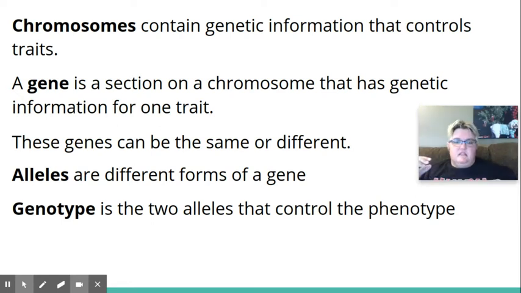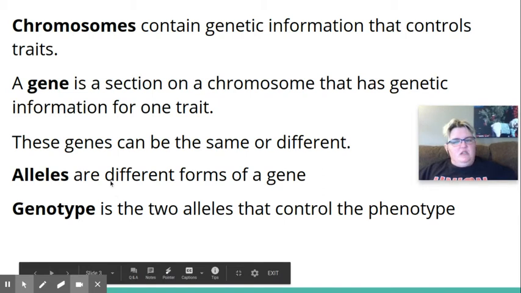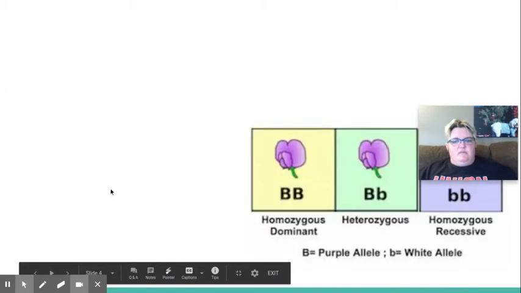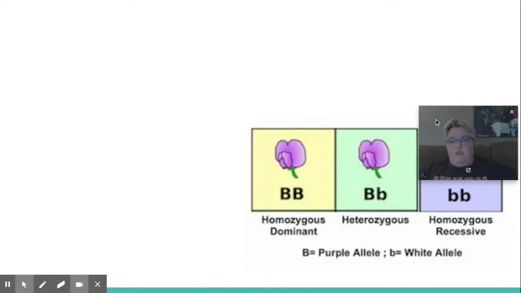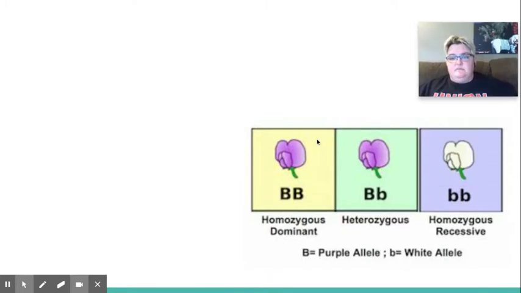And so the genotype is their genetic information, okay? So genetic, pheno, physical, okay? The genotype is what we're really going to be focusing on in this unit, as well as the next part here, which are called the Punnett squares and things of that nature.